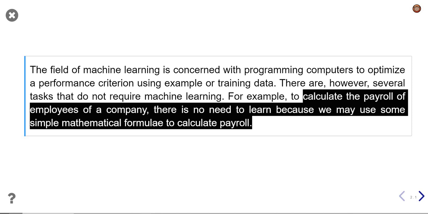Payroll is simply based on the years of experience, their position grade, and accordingly the number of years of service. You just need a simple mathematical formula to calculate what is the percentage of EPF and things like that, right? It's very, very simple. You don't need machine learning to calculate how much salary you need to pay.